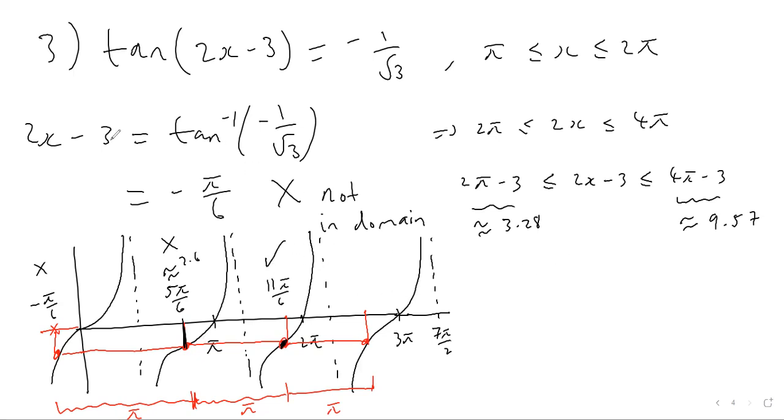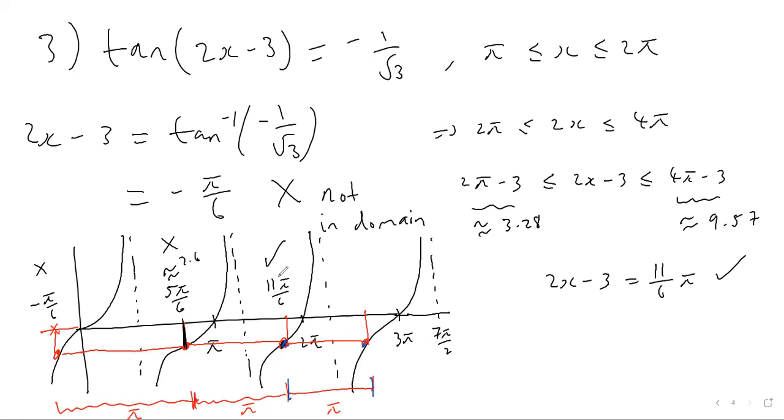So we know that one solution from this is going to be, so I'll just write this here. So 2x minus 3 is equal to 11 over 6 pi. Sorry, that should be a pi there. So that's one possibility. And then we're going to get this other one here. So add another pi, because again, the gap between here and here must be pi, because tan has a time period of pi radians. 11 over 6 pi plus pi is exactly the same as 11 pi over 6 plus 6 pi over 6, because 6 divided by 6 is 1.